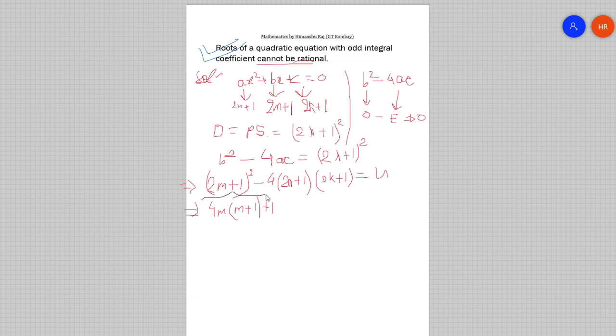The above term can be expressed in this form, and this can be expressed as this form, 16 and k minus 8, and minus 8k minus 4 equals to again this term.